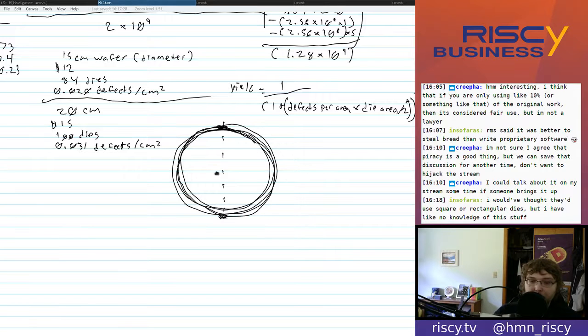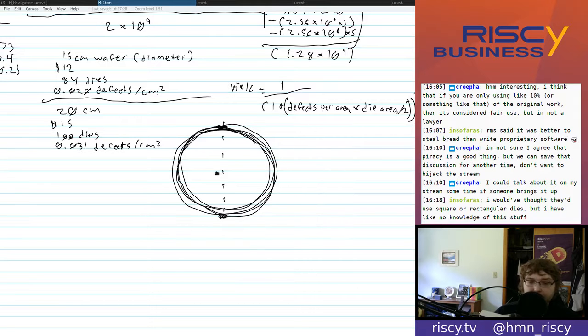Because it doesn't tell us the dimensions of a die in this question. The question is, assume a 15 centimeter diameter wafer has a cost of 12, contains 84 dies, and has 0.02 defects per centimeter squared. Assume a 20 centimeter diameter wafer has a cost of 15, contains 100 dies, and has 0.031 defects per centimeter squared.